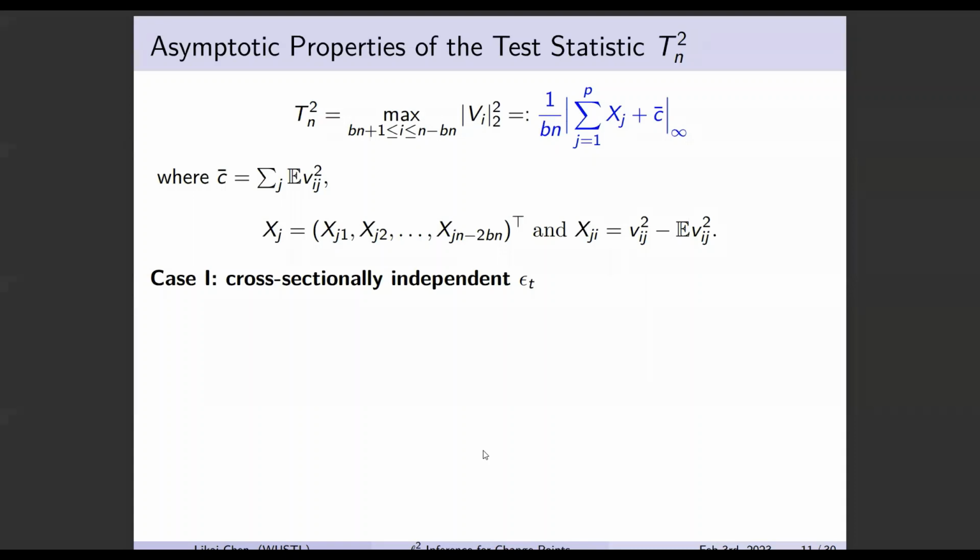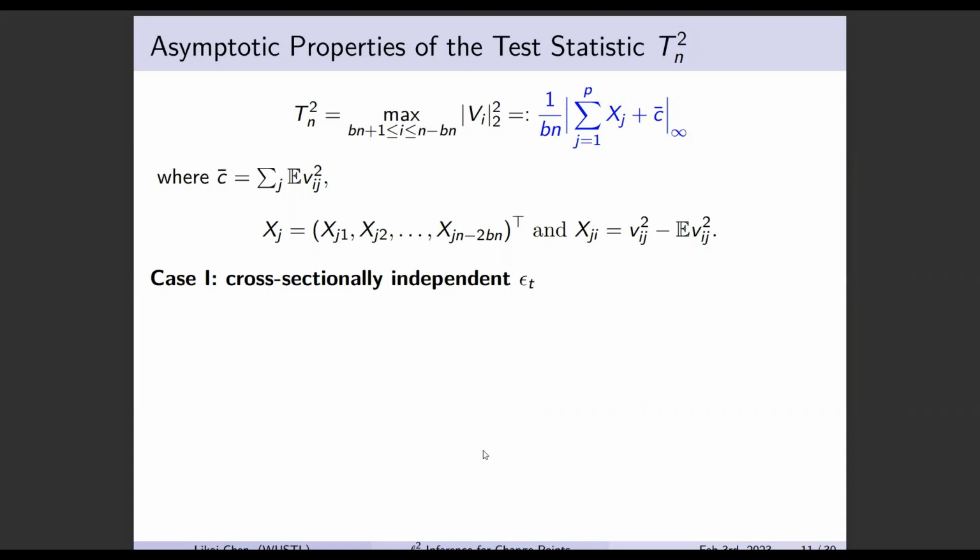Through this notation, the previous Tn squared statistic can be rewritten as the summation over j from 1 to p of Xj, plus some centering term, which is related to the expectation of Vij squared. And it becomes taking the maximum over all the locations for this Xj.